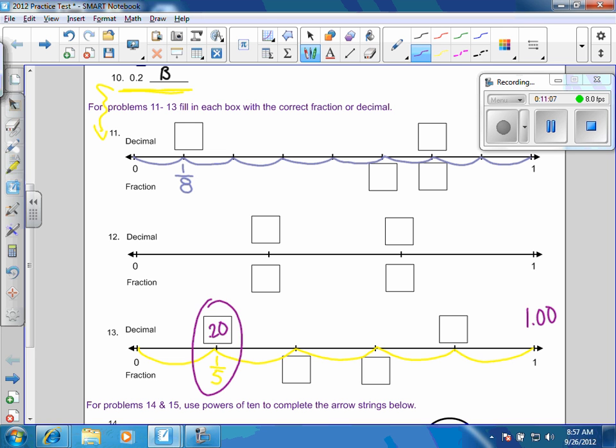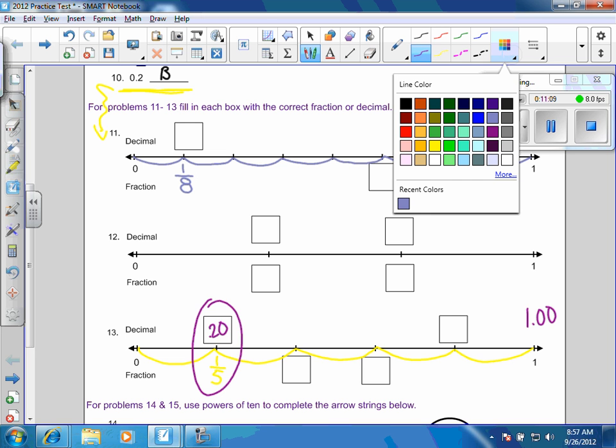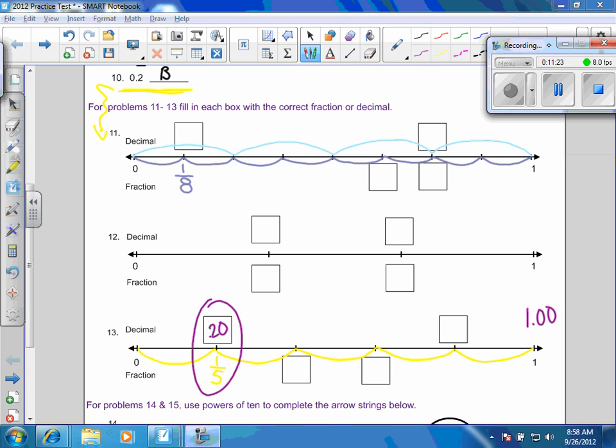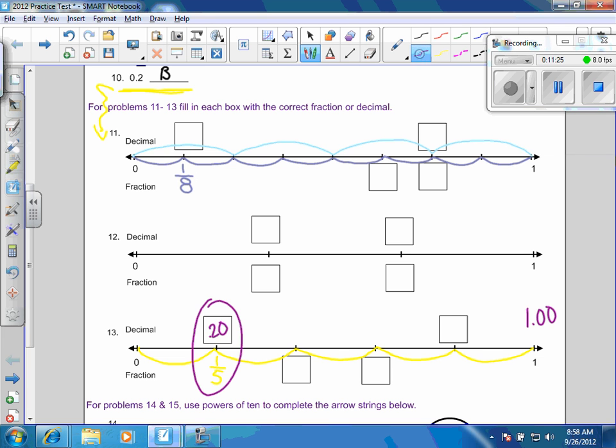So let's talk about what that looks like here. If I take a different set of jumps, you could cut 8 into fourths. So for you guys that are still working on this, when you cut this into fourths, this is a fourth.